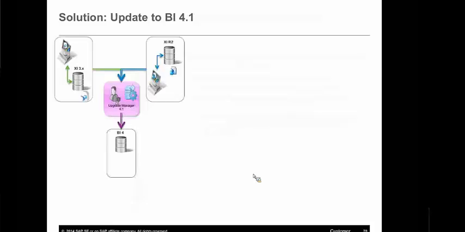So how does that work in an upgrade process into BI 4.1? Nothing changed compared to the previous model that we've been discussing before. You have Upgrade Manager 4.1, where you can upgrade your content from XI 3.1 to a BI 4.1 CMS, or from an XI 2 system into a BI 4.1 CMS, including your Desktop Intelligence documents.